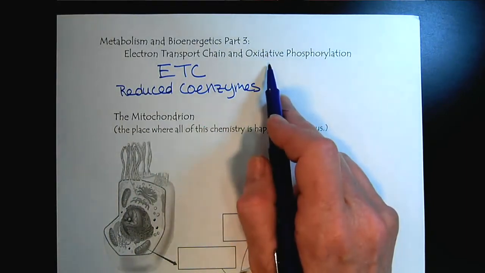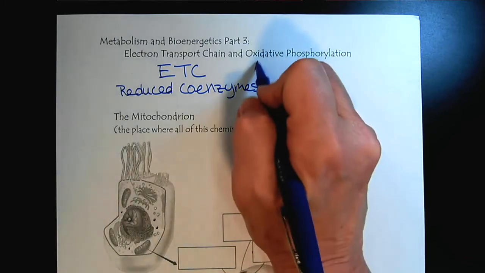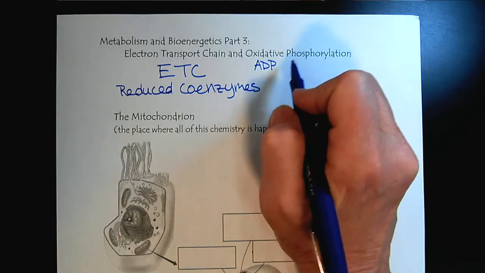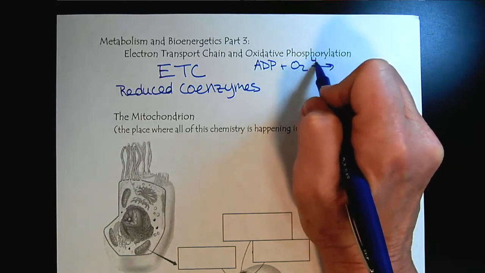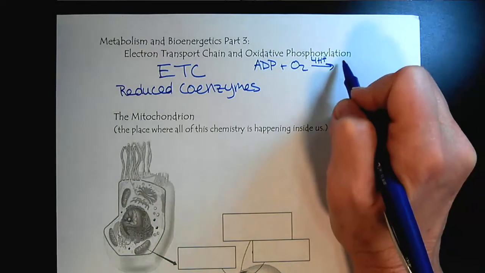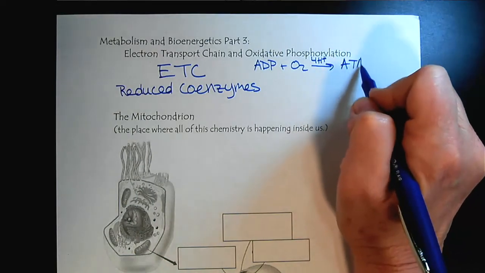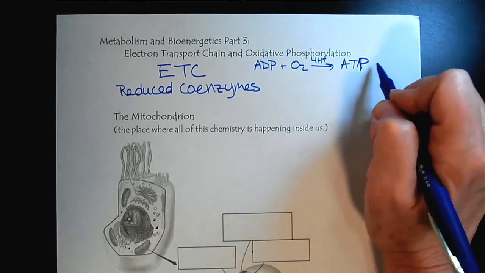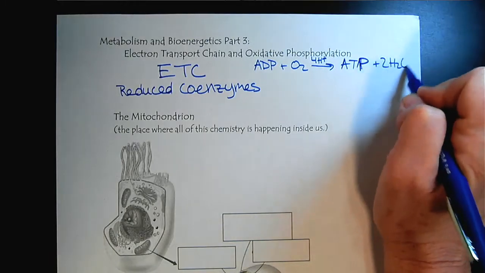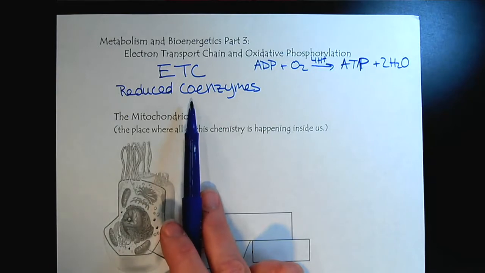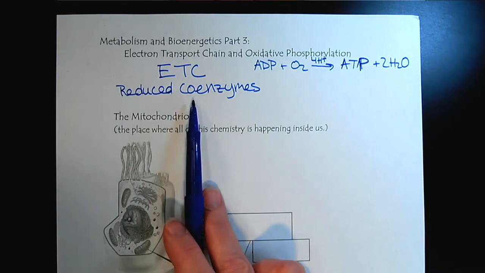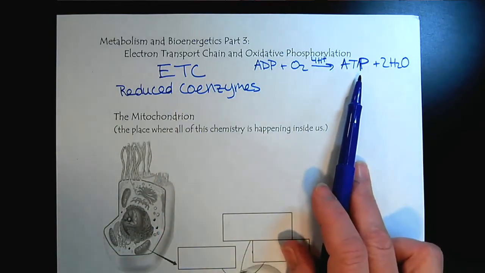And then oxidative phosphorylation, that's where we have the ADP and we have oxygen, and then we can bring in some hydrogen ions, and this is where we finally get our ATP and some water. So the reduced coenzymes you can think of as stored energy available, but ATP is the readily accessed. That's when we have energy in an active form that we can use.